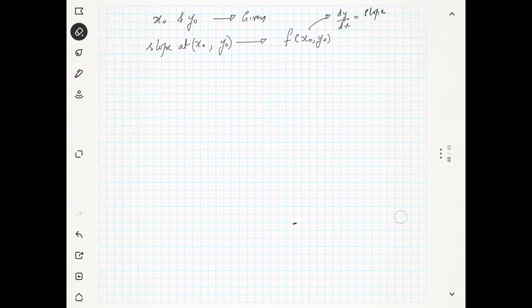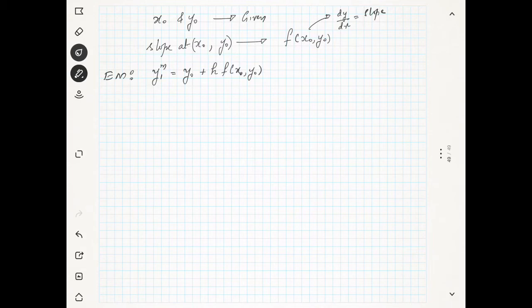Now you will find y1. How to find y1? By using Euler's method, you will find y1, which is nothing but y naught plus h into f of x naught y naught, that you know, and we will call this y1 as y1 of m.